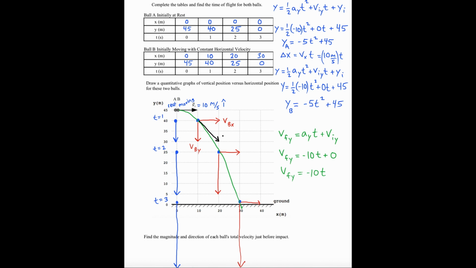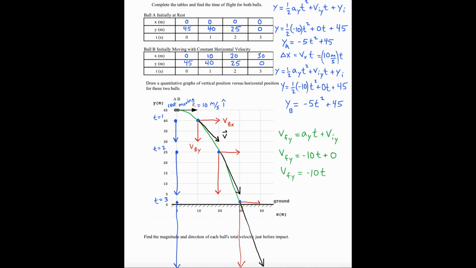Interestingly, the total velocity here will remain tangent to the path of the object because it shows which way the object is traveling. As you can see, the speed of the object is getting larger and larger as time goes on.